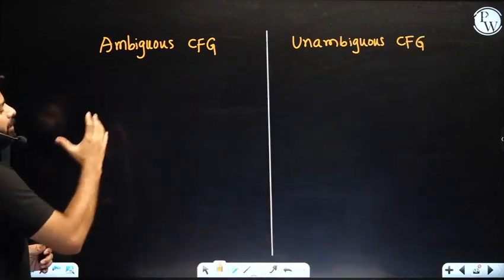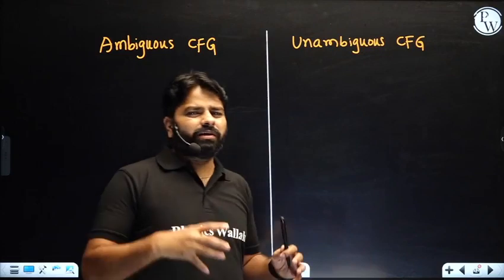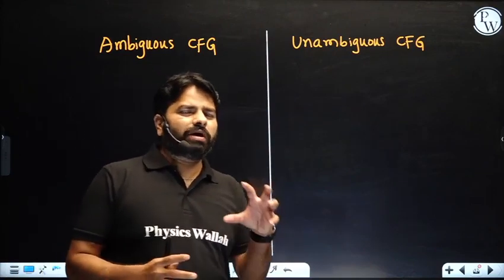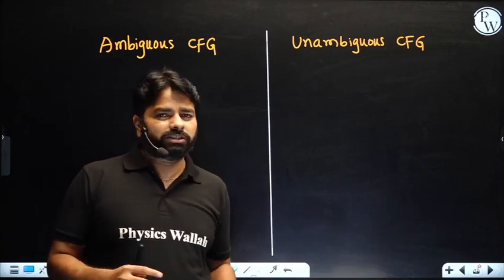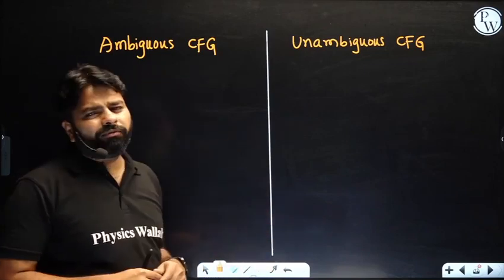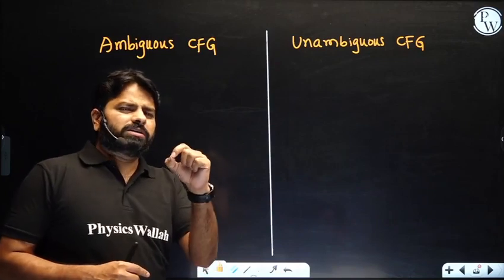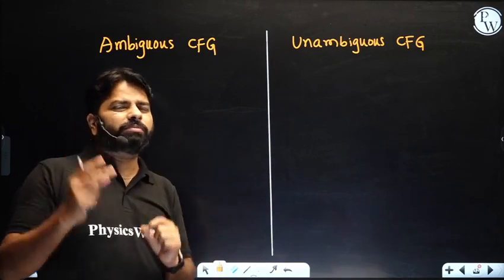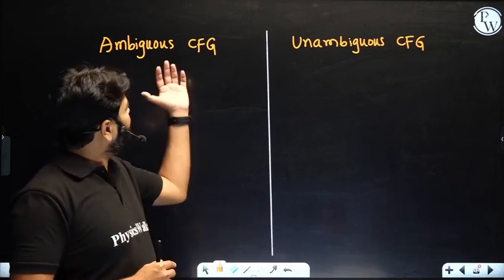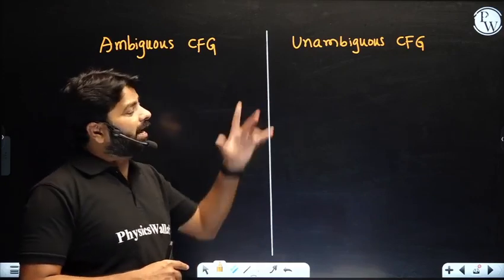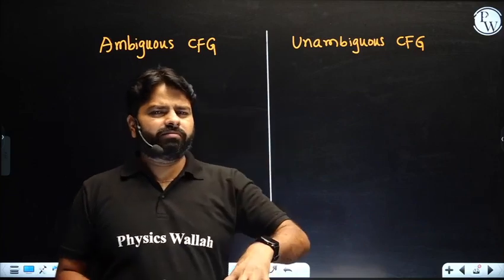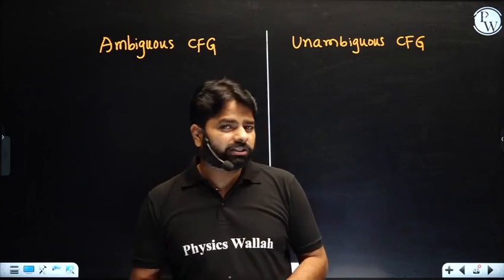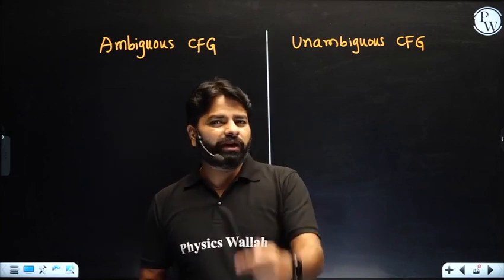If the grammar is ambiguous, ambiguous means definitely there is some kind of confusion while deriving a string. You don't have clarity because you will have multiple parse trees. It need not be for every string. If you find some string, at least one string in the grammar, that has more than one parse tree, it means the grammar is ambiguous. When you say unambiguous, every string that is possible to generate from the grammar should have exactly one parse tree. That means exactly one derivation.